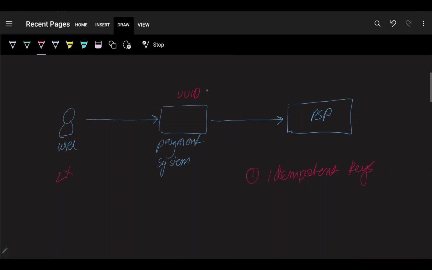Make sure you use the UUID 7 over here, and you generate it along with your payment, and you send it with your data over here. As this is transferred to the PSP, you can save this UUID key within your database as well. So before sending it out, obviously you'll be storing it within your database.